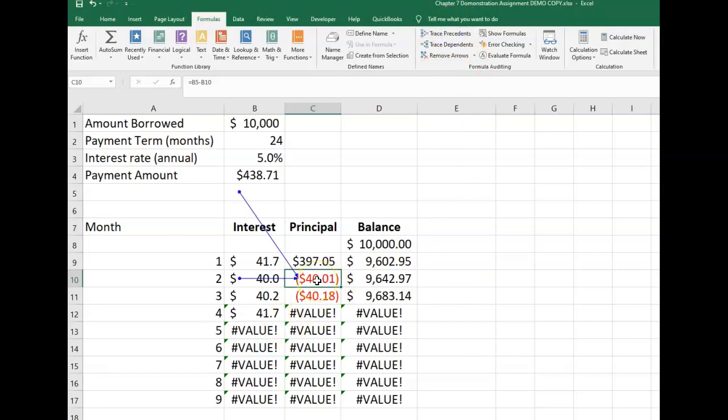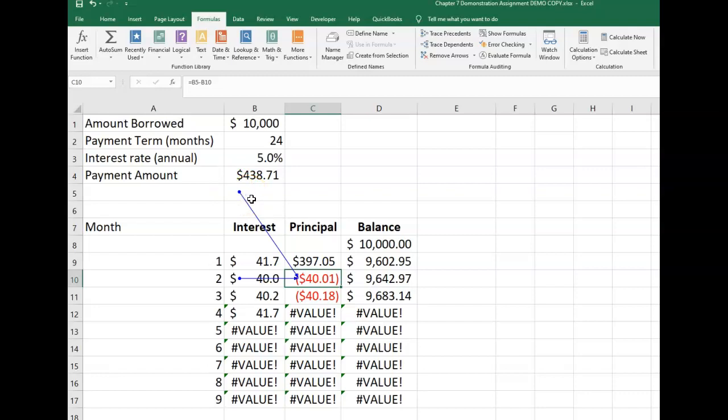And the two cells that were used in a formula to calculate this number were B10 and B5. The problem is B5 is blank, and there would be no reason to refer to a blank cell in our formula. So that's where the problem lies.